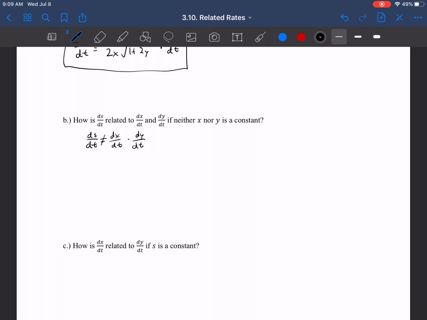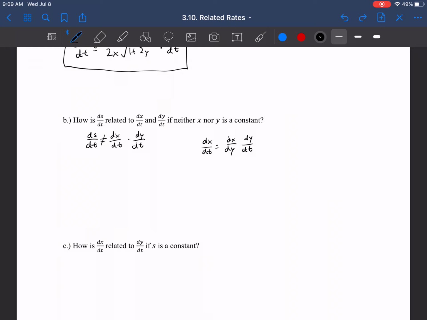But we can look at this, what is ds/dt? Well, we know that dx/dt, we can write that as dx/dy times dy/dt, right? Where we kept the dx and the dt there.